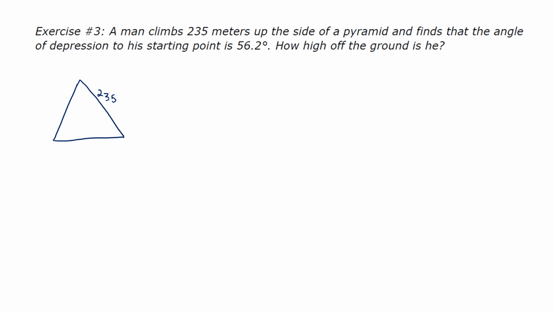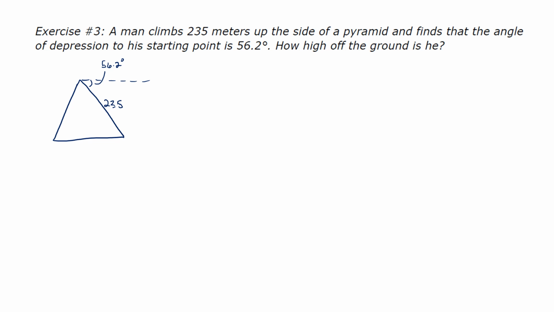Okay, so the angle of depression to his starting point. So when he reaches the top, all the way down is 56.2. Okay, so that means this angle measurement right here is 56.2 degrees. Let's move this 235 down just so that we can see it a little better.